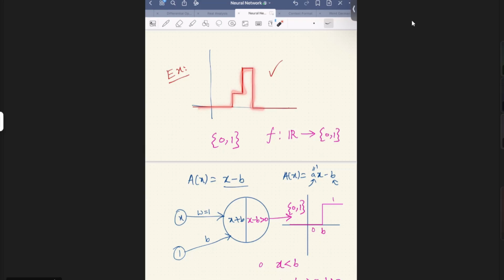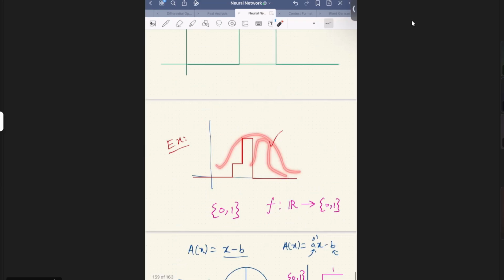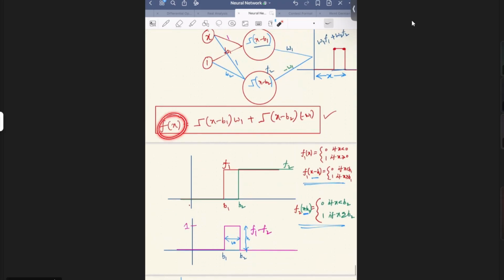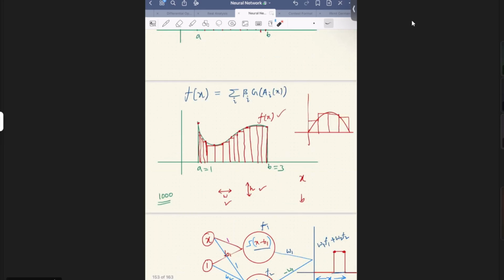You divide the entire region and approximate with all those signals, then your neural network represents f of x with the right choice of b's and the right choice of w's.